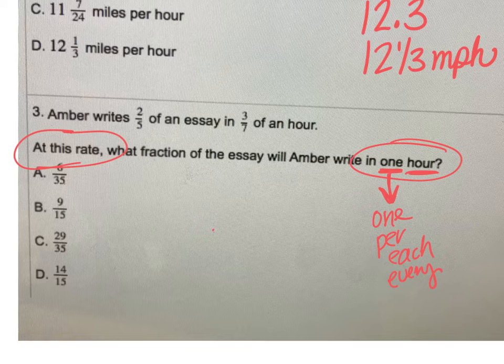If the last two words are 1 something or per something, it's always a division problem. Okay? And then another way you know it's a division problem is, how many sentences did you write down? Amber writes 2/5 of an essay in 3/7 of an hour. One sentence, very, very short, with two fractions close to each other. Division problem.